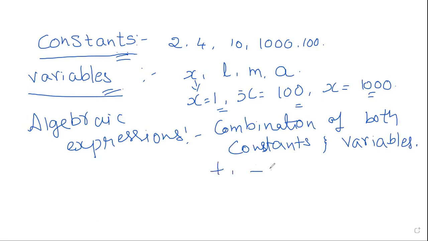Those are plus, minus, into, divided by. Okay children, when we write an expression we use both constants and variables. We use numbers and variables, and while writing we use mathematical operations, plus, minus, into, division signs. Those are called algebraic expressions. Okay children.